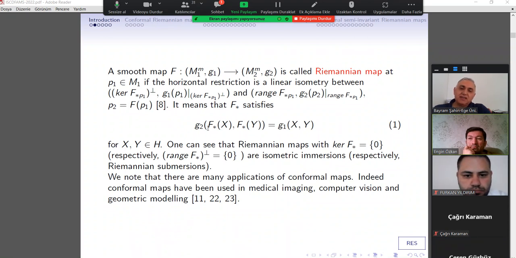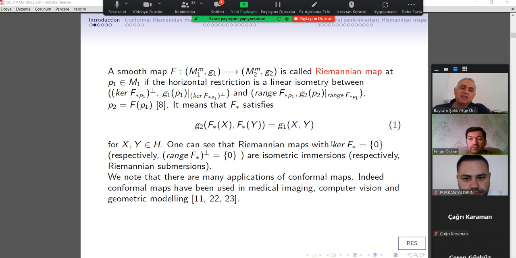If there is an isometry between these two spaces, (kernel F star) perpendicular with the Riemannian metric G1 and the range of F star with the metric G2, then we call this map a Riemannian map.